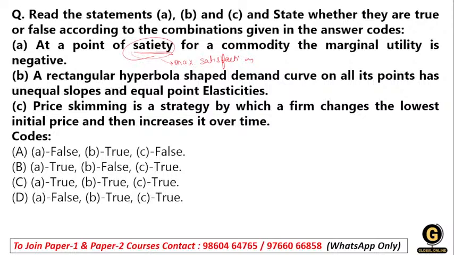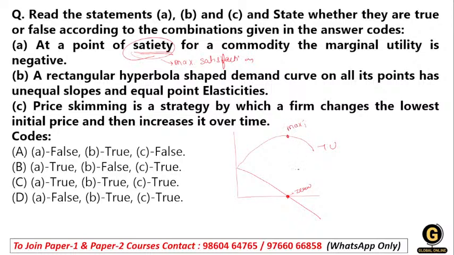At the point of satiety, here I'm drawing a diagram so you can easily match. This is your total utility and this is your marginal utility. The point where your marginal utility is 0, your total utility is at its maximum level.